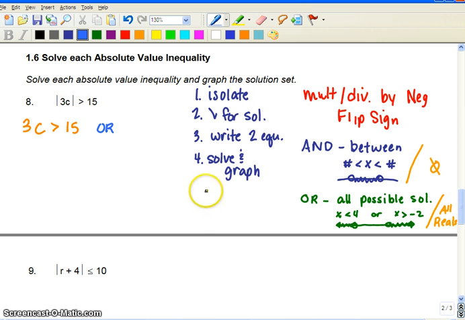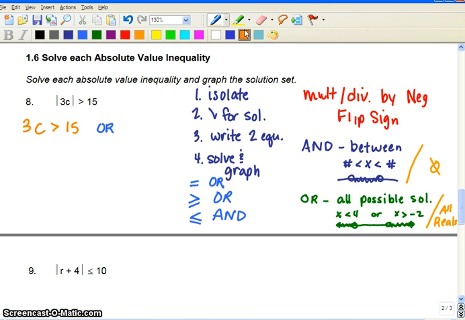So you may want to make yourself a note. If it's greater than, you're using or. If it's less than, you're using and. Now it doesn't matter if it has the equal to sign on it. It's the same as if it doesn't. The word is the same. So you might also want to put that when it's an equals problem, you also use the word or.